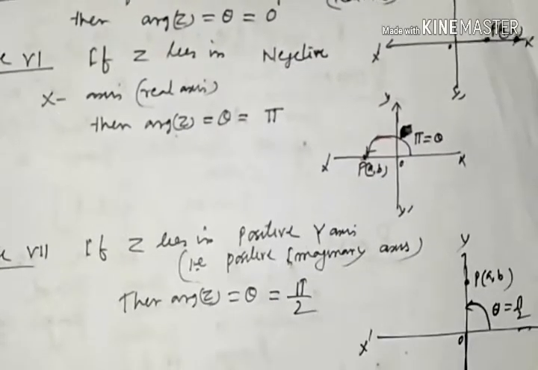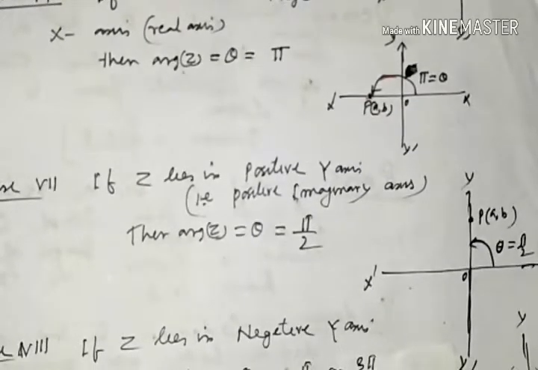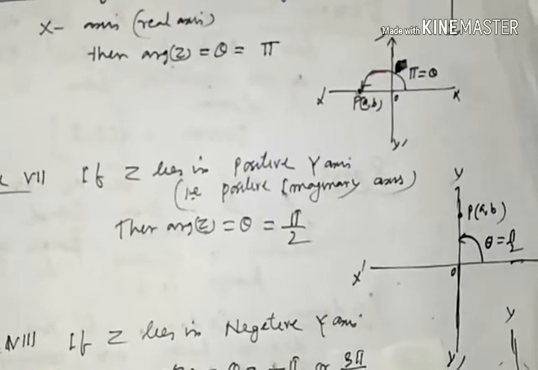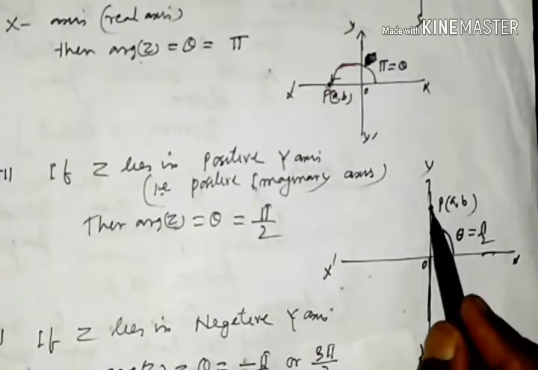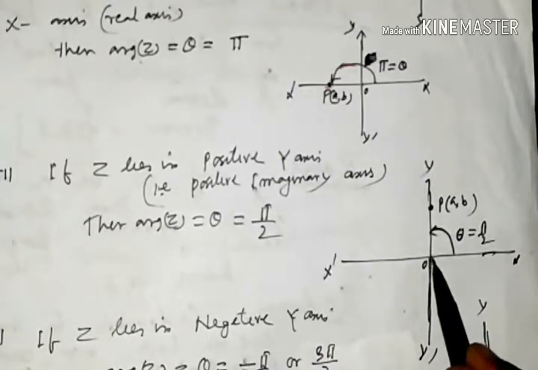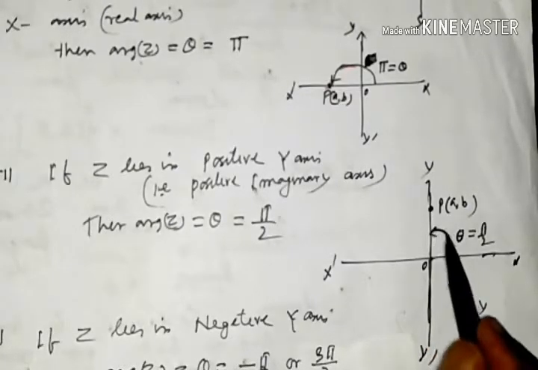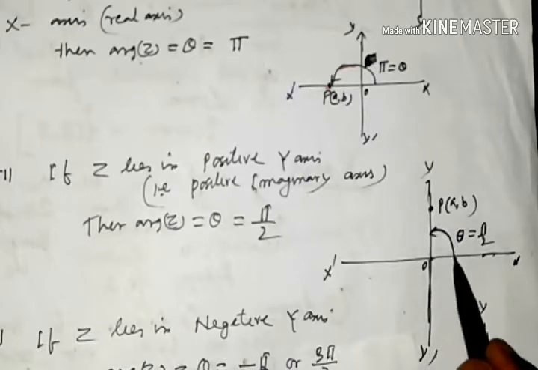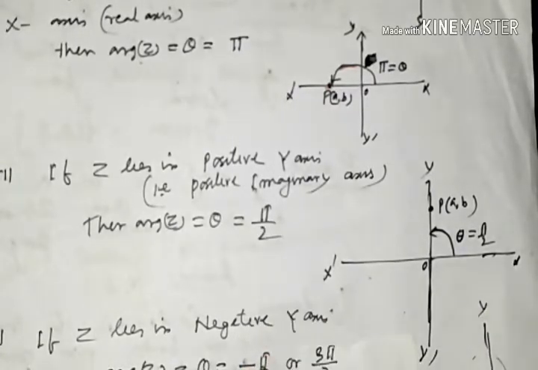If z lies on the positive direction of the y-axis, that is, the positive direction of the imaginary axis, then the angle between OX and OP is 90 degrees. It is anti-clockwise, therefore arg z is equal to pi by 2.